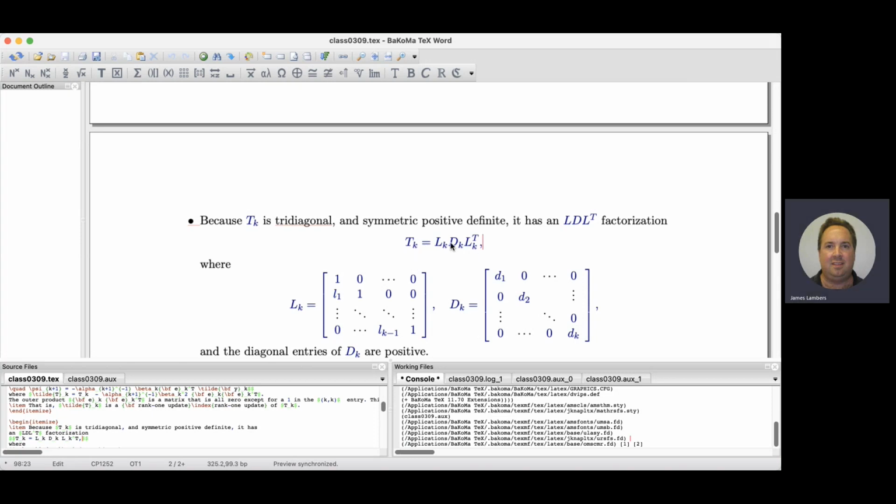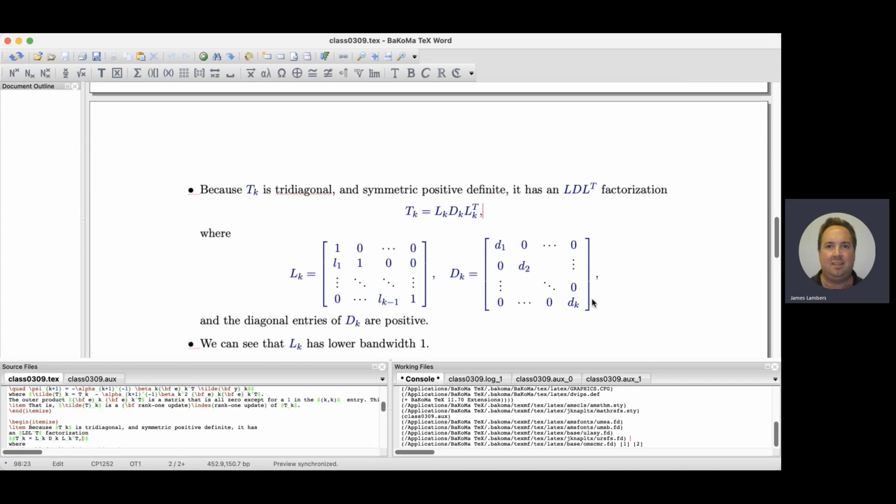So TK has a lower bandwidth of 1. Therefore, LK has a lower bandwidth of 1. And LK is unit lower triangular. So we just have these 1s, and then we have these values down the subdiagonal. And then DK is just a diagonal matrix. And so this factorization is going to be quite helpful to us.